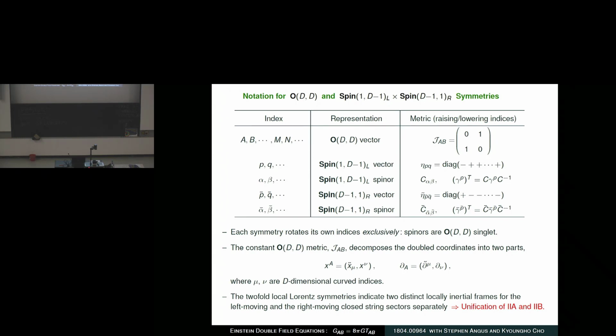And this immediately implies the unification of 2A and 2B. So each spin group has its own supersymmetric double field theory, a unique theory, but it turns out to contain two different types of solutions, namely 2A and 2B.